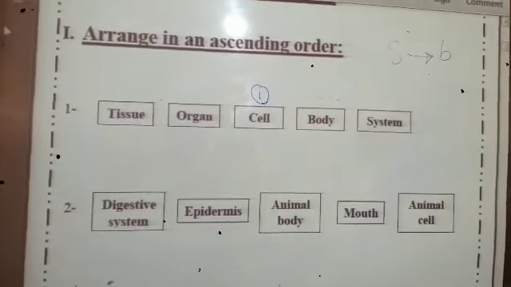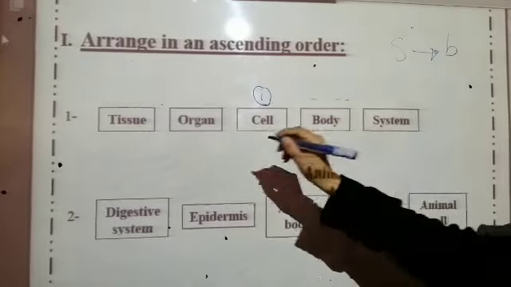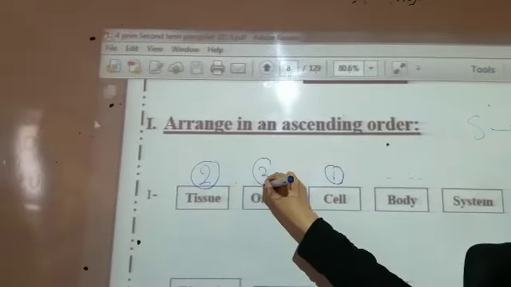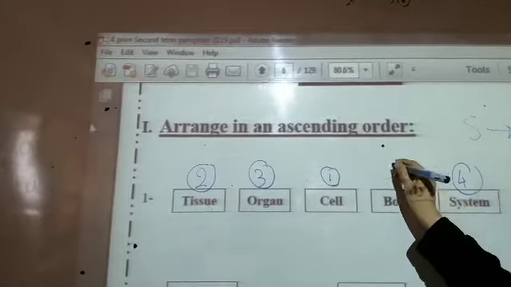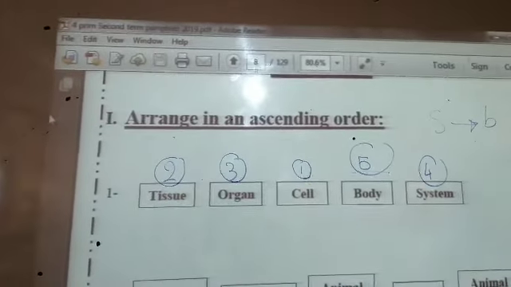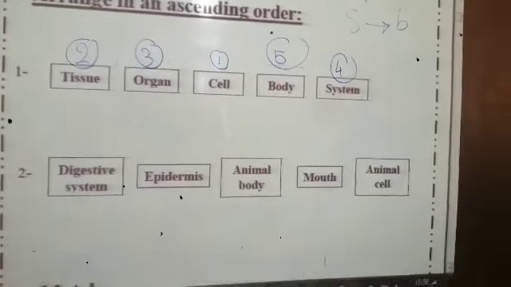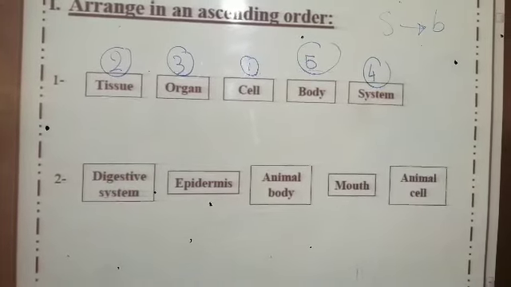And then tissue, and then organ, and then system, and then body. You are going to solve this one alone, arranging from the smallest part to the biggest part, okay?